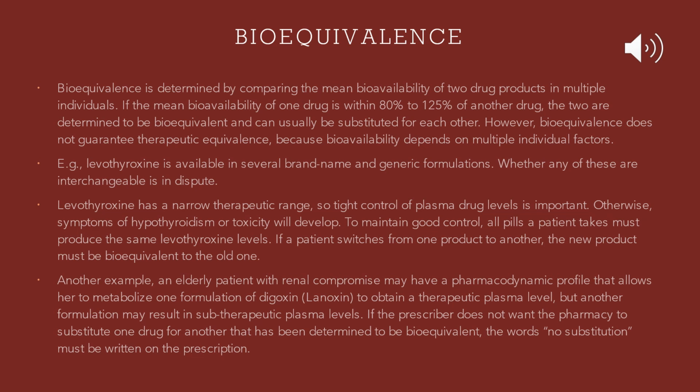If the prescriber does not want the pharmacy to substitute one drug for another that has been determined to be bioequivalent, the words "no substitution" must be written on the prescription pad.